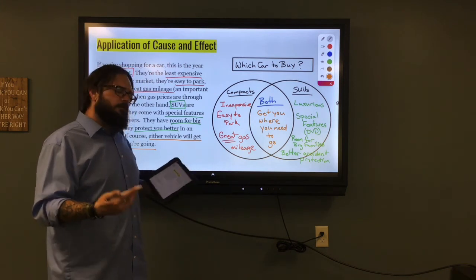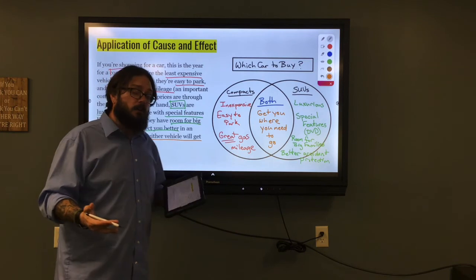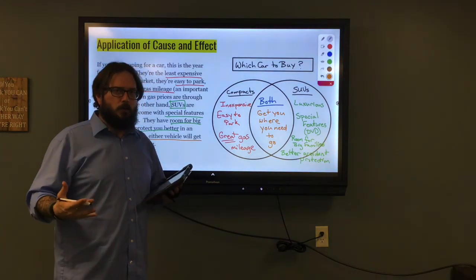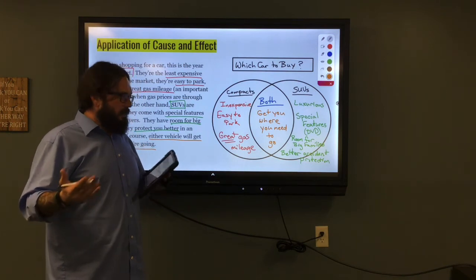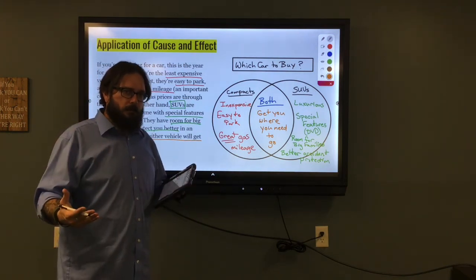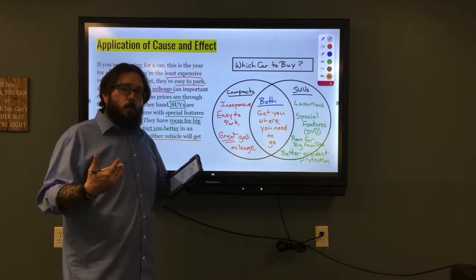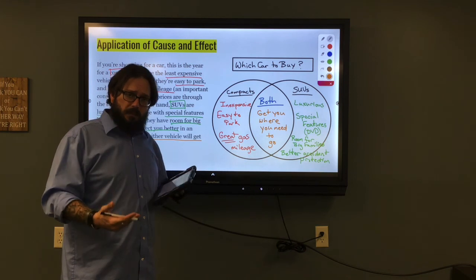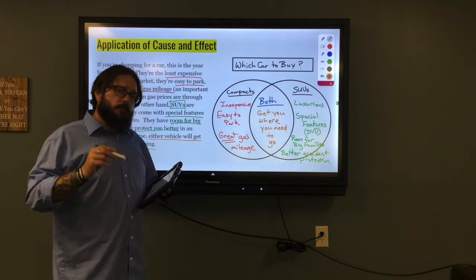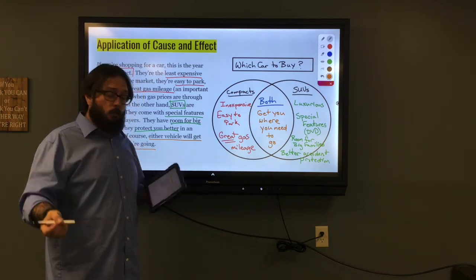You know, if we want to make an informed decision about something like buying a car, or which political candidate you are going to support, you need to look at what they share in common and look at the differences between the two. That way you can determine for yourself which would be the better choice.